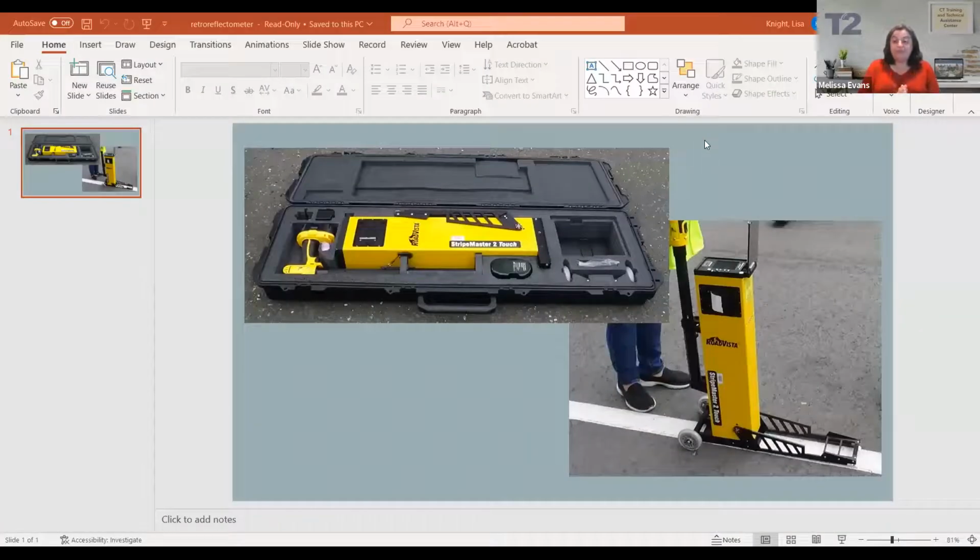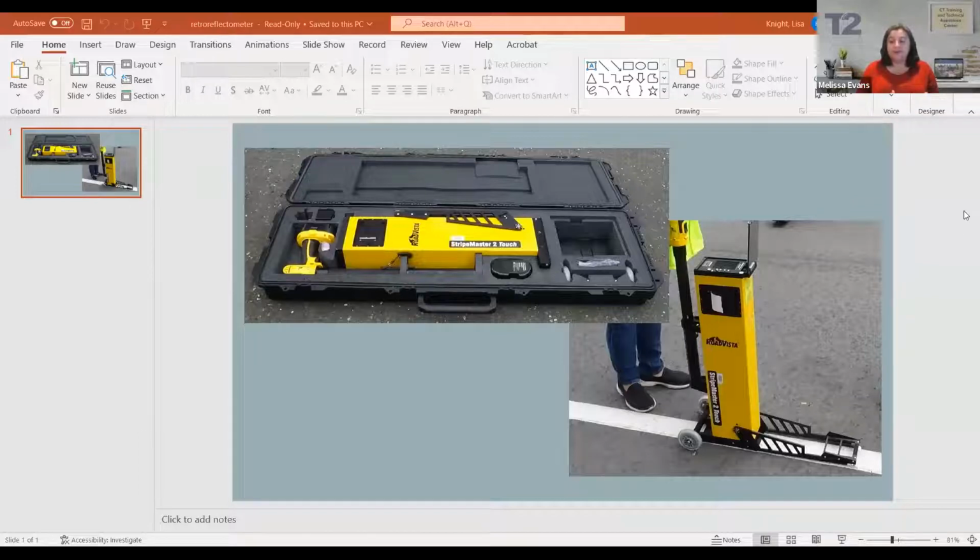So I want to talk to you a little bit about the handheld unit. So Tim mentioned that one of the best methods, or the federal manual doesn't prioritize them, but I'm going to. I think one of the best methods is actually measuring your pavement markings. So with that in mind, and knowing that this was coming, the T2 Center actually did purchase a handheld retroreflectometer for pavement markings.